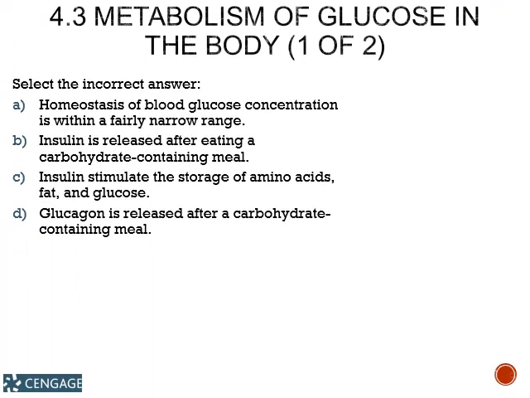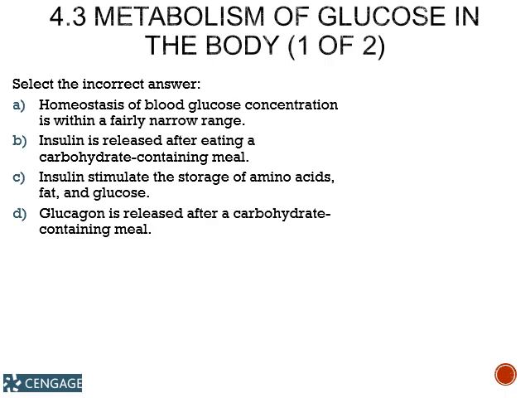See if you can select the incorrect answer here in regards to metabolism of glucose in the body. Is it A, homeostasis of blood glucose concentration is within a fairly narrow range? Is it B, insulin is released after eating a carbohydrate-containing meal? C, insulin stimulates the storage of amino acids, fat, and glucose?